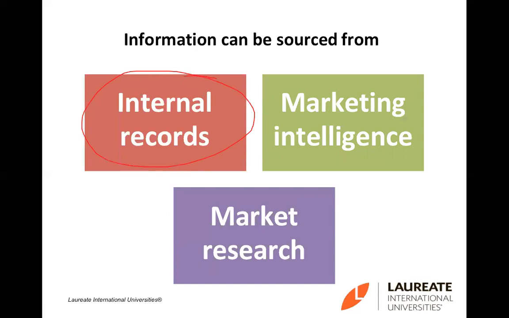Internal records include financial reports, for instance your sales report and profit report, customer complaint reports, customer feedback, product complaints, and so on. So start with the internal records, because they contain a lot of things.